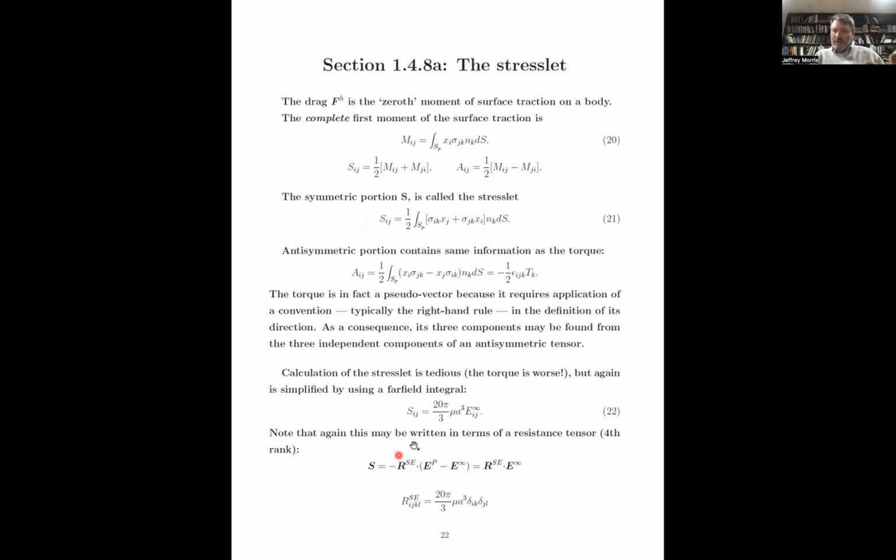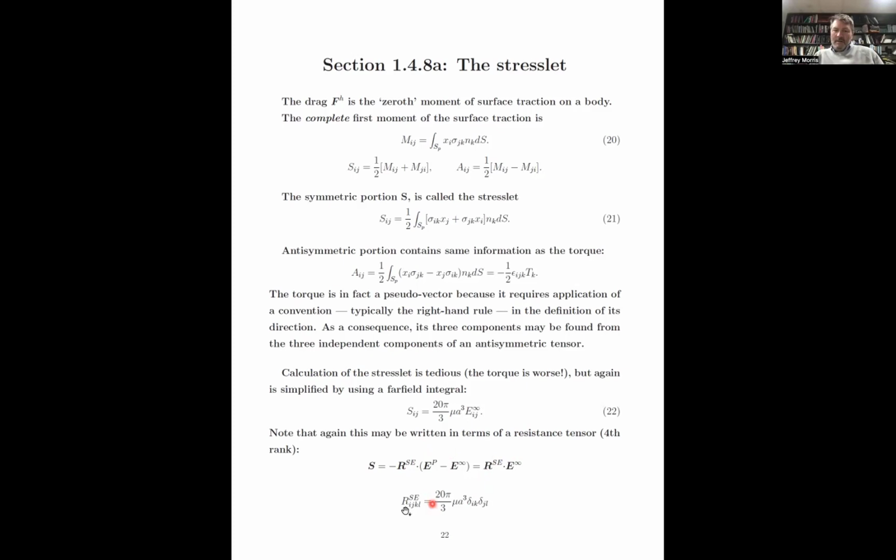One is the basic notation comes out where I have the resistance of the body to create a stresslet induced by the rate of strain, and that can be written in terms of the particle kinematics relative to the imposed kinematics, but the particle is rigid, so its rate of strain is 0. And so this thing becomes just RSE dot E. That's the form you can write for the resistance description.